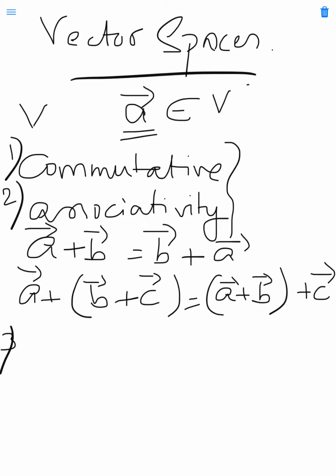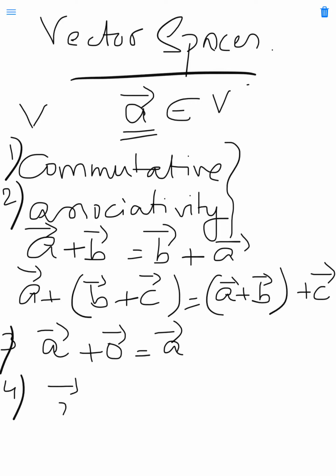Third, there exists a zero vector, which means a vector plus the zero vector results in the same vector. And the fourth one is that it will have a negative or inverse, like a vector A plus minus A will be equal to the zero vector.